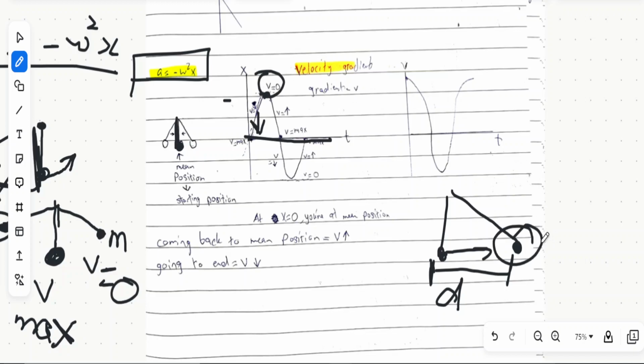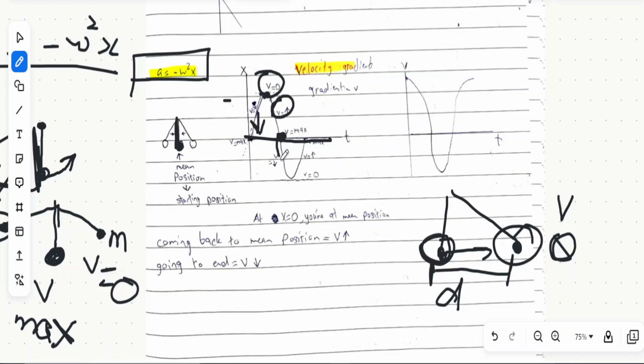Velocity right here at maximum height is zero, and then it changes direction. And then it goes back to the mean position. So this is when it's moving back, and right here my velocity is increasing. It reaches the equilibrium.